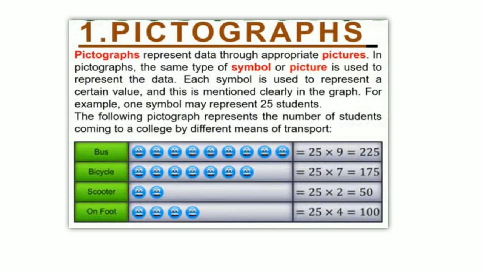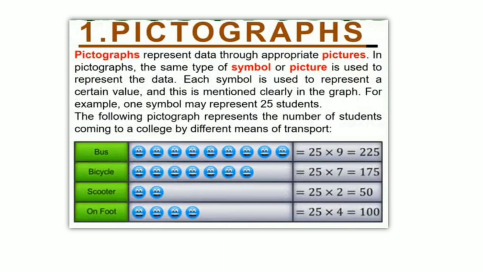In that you can see which symbol is used. Yes, a smiley symbol is used. Each symbol is used to represent a certain value, and this is mentioned clearly in the graph. One smiley is equal to 25 students.